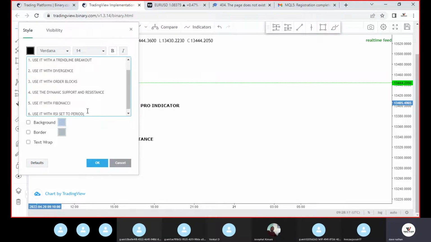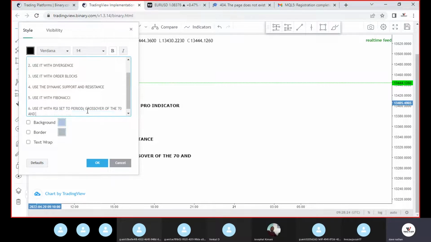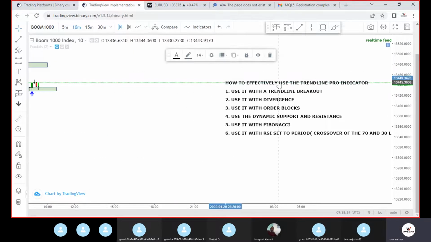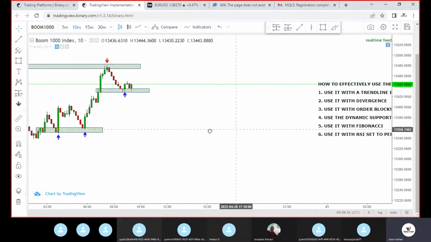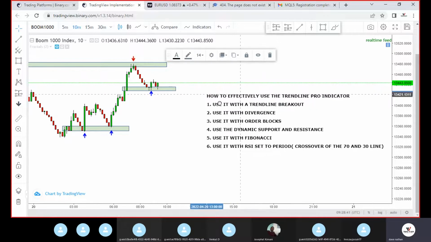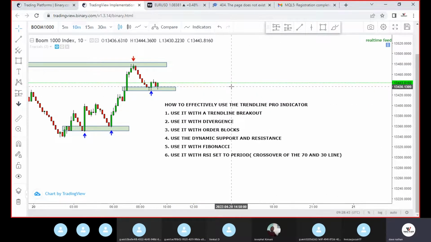For the RSI, we're using the crossover of the 70 and the 20 and 30 lines. And you guys are going to see a lot of magic with these. So please, let me just give you 30 seconds to write this down and take note of it.